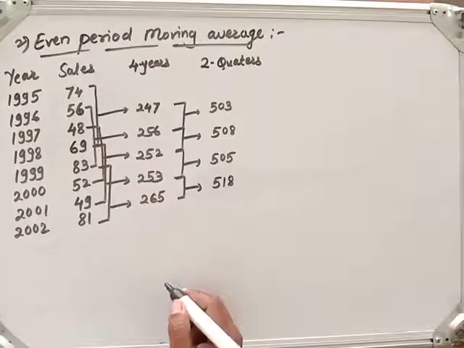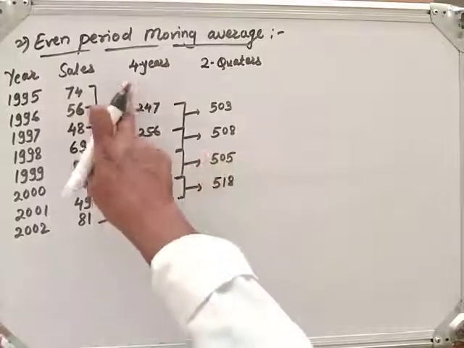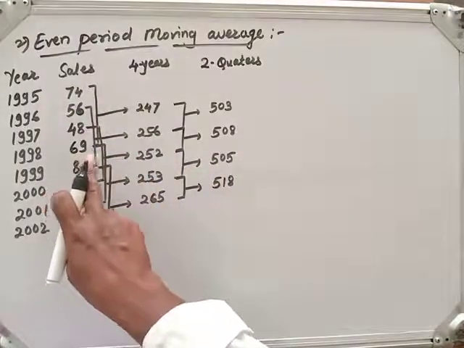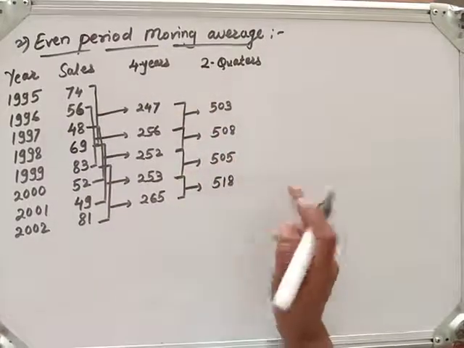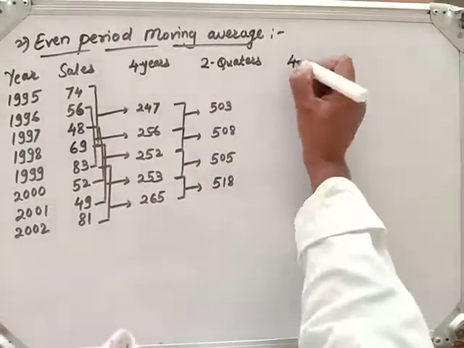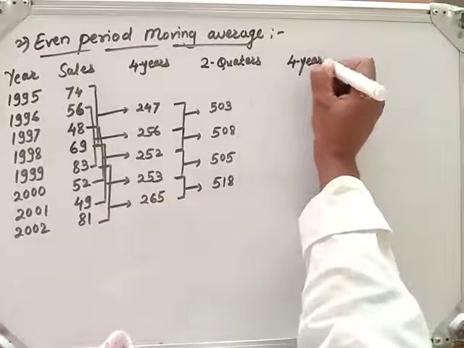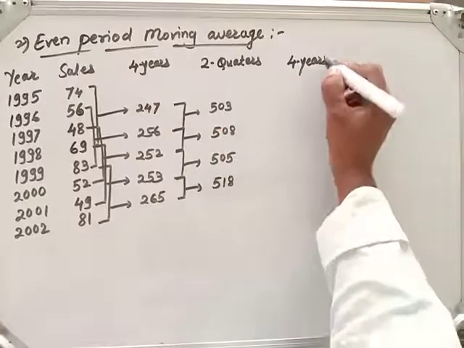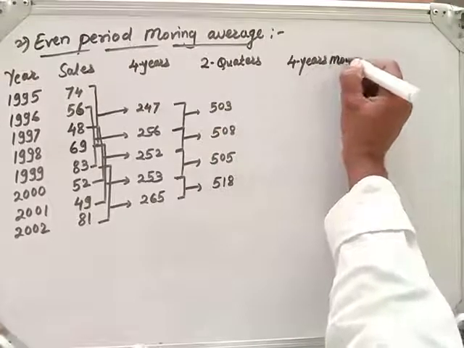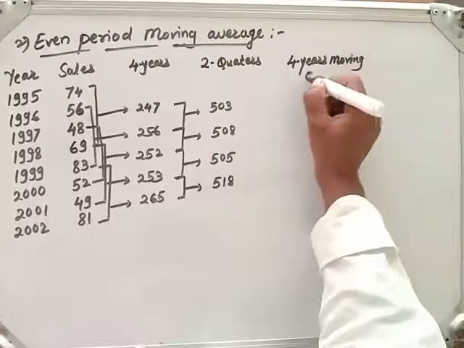Now these 4 we have found. Here what we have done? First 4 we have taken, later on 2. So 4 into 2, how much? 8. So this 4-year moving average we will find by dividing this total by 8.